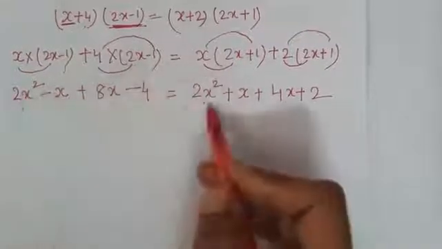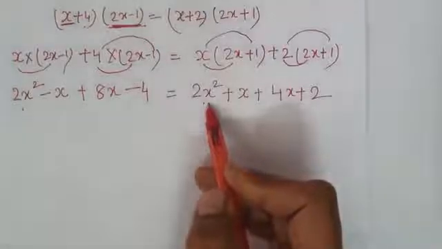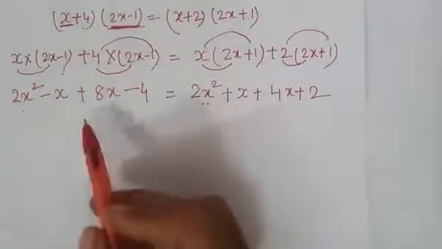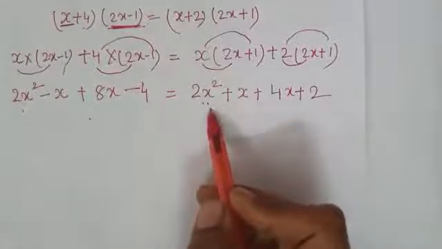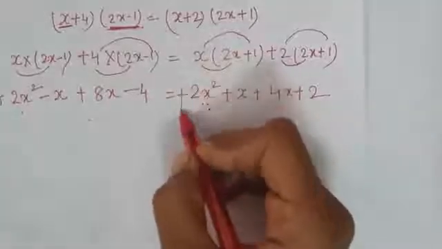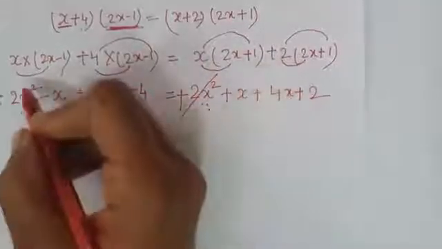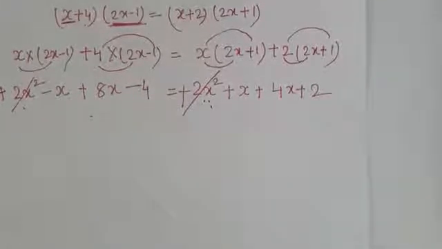These two terms are same, and always keep one thing in mind: if on the left hand side and on the right hand side the two terms are same, and their sign is also same, plus is here, plus is here, we can cancel them. But children, you cannot cancel if the sign is not same.